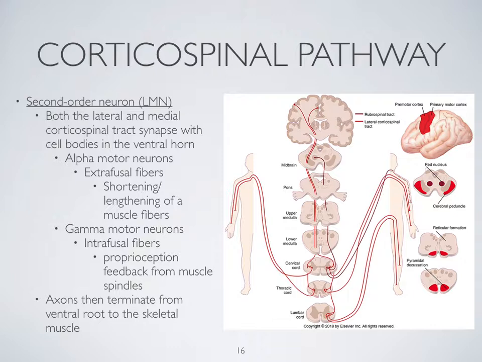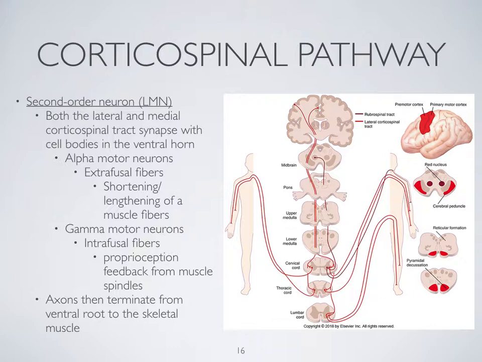Okay, so this is occurring both in our lateral and our medial/anterior corticospinal tract. Even though they both cross over to the contralateral side at two different areas, they're both still working together, because we need to have axial stability in order to have precise distal movement.